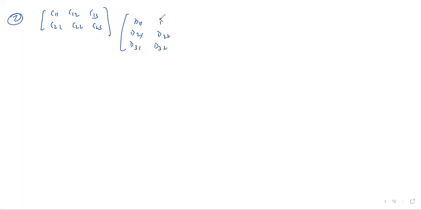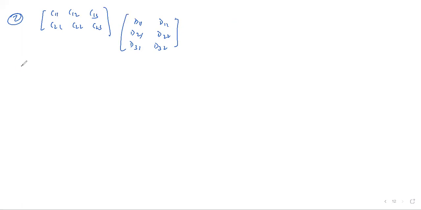So let's just do it like this. First, for this we have C11, C12, C13, C21, C22, C23, and D11, D21, D31, D32, D22, and D11. So let's first perform C11, multiply this row into this column. Okay, that's how we perform the matrix multiplication.